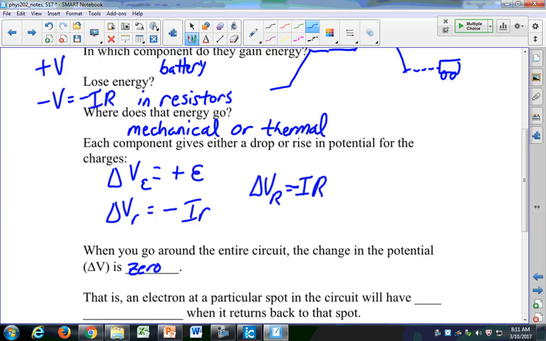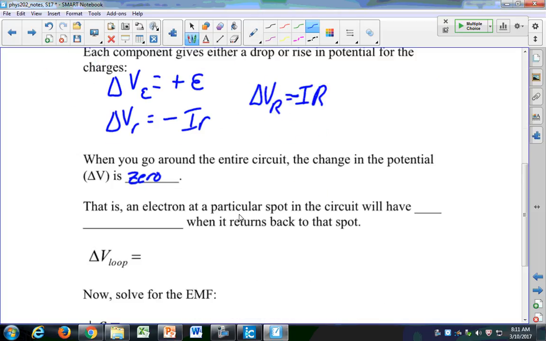Whatever energy I had at the beginning, that is 0 energy. When I come back to that same point, I still have 0 energy. All that energy is lost in the circuit. So an electron at a particular spot in a circuit will have the same energy when it returns back to that spot. And remember, we're talking about it in terms of energy, but really we're talking about energy per charge, or voltage.